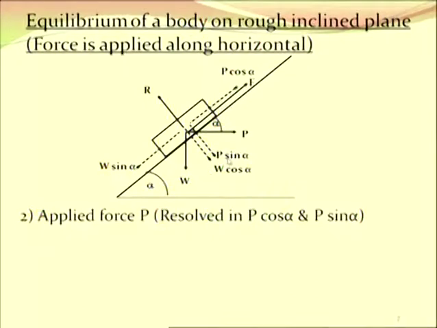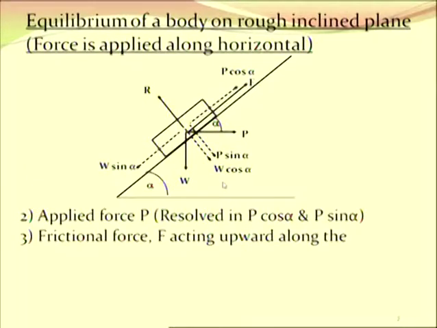Second force is the applied force P. Here P is applied horizontally and makes an angle alpha with the plane. So we can say that P can be resolved into two components: P cos alpha along the plane and P sin alpha toward the downward side of Y. Third force is the frictional force.